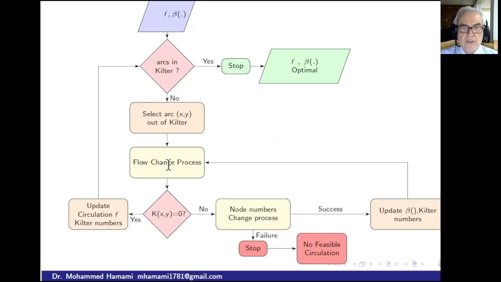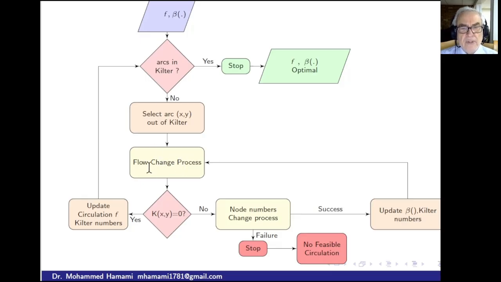And I showed in the previous slide that any flow change will decrease the Kilter number. One of the Kilter numbers has decreased, at least one, by at least 1 unit. So you've got a set of numbers. They cannot increase, and at each iteration, you're decreasing one of them. So this flow process cannot go on forever, right?